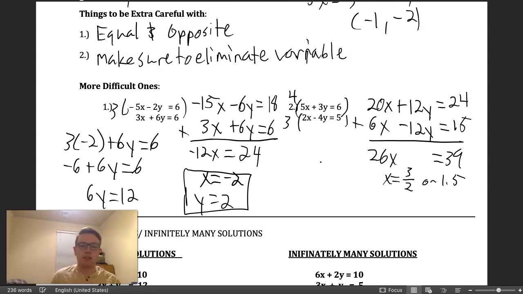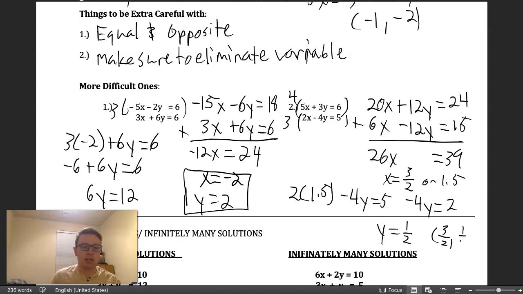That way we don't have to deal with a fraction anymore. We get 2 times 1.5, or that's going to be 3, minus 4y is equal to 5. So 3, we subtract that, we're going to get minus 4y is equal to 2, or y is going to be equal to negative 2 over 4, or 1/2. Meaning our solution is going to be 3/2, 1/2.